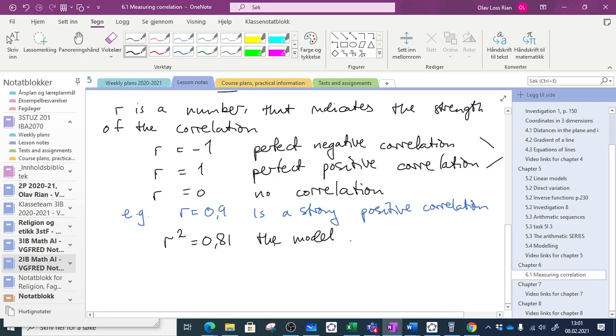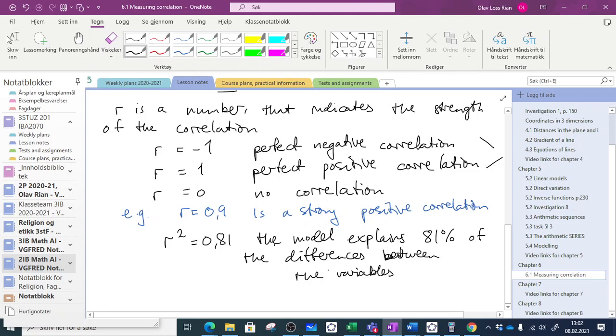So what we can say is that the model explains 81% of the variation, which is quite good.